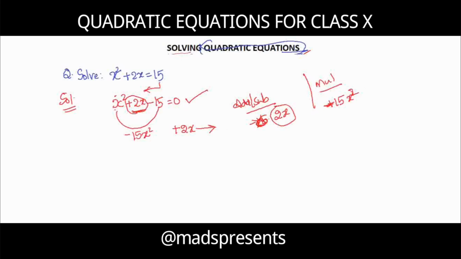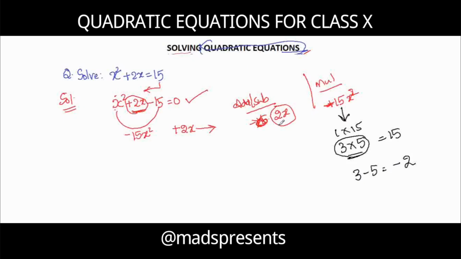Now, let me check. What are the factors of 15? 1 into 15 is 15, 3 into 5 is 15. Many factors are there, but observe 3 into 5 is 15. Now 3 and 5: if you subtract 3 minus 5, it gives minus 2.